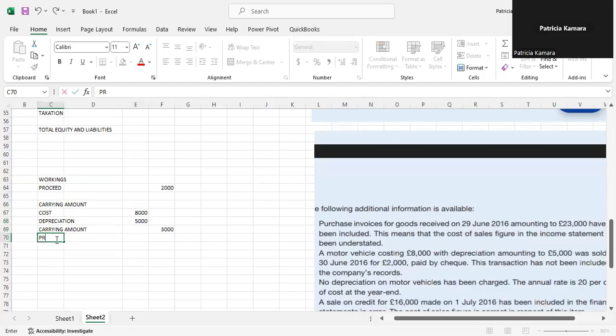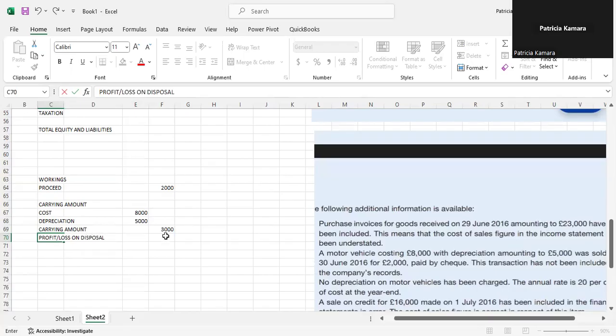So in order for us to ascertain a profit or a loss on disposal, we have to compare the 2,000 to the 3,000.